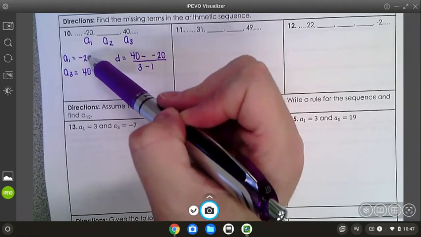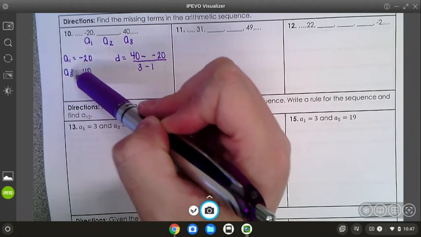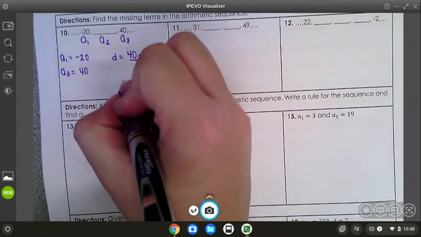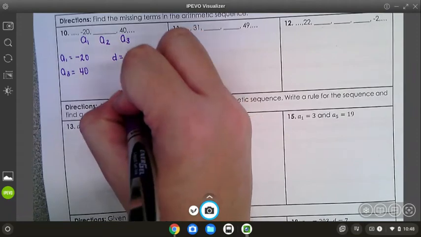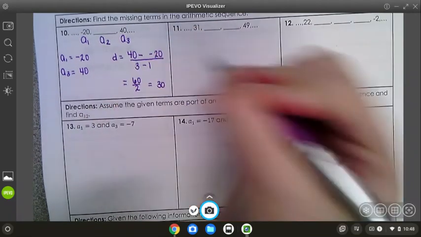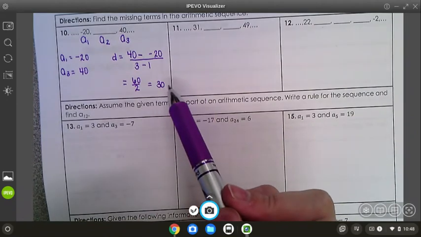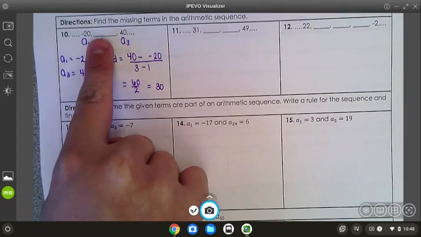So 40 minus -20 divided by 3 minus 1. And this becomes 60 over 2, which is 30. 30 is my common difference. It is not the number that goes in that blank.